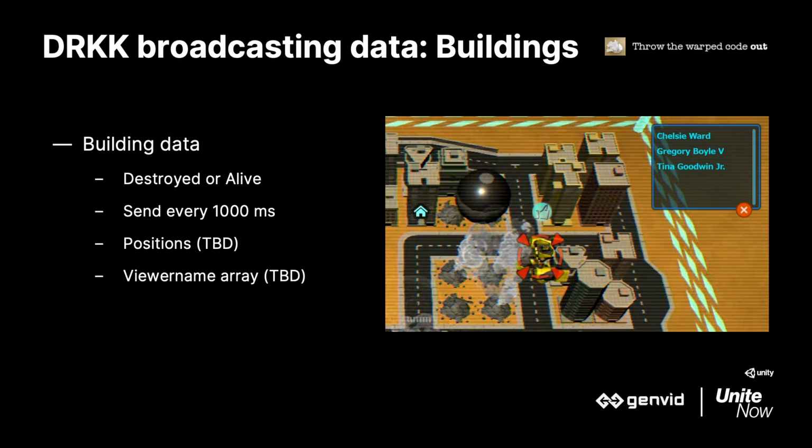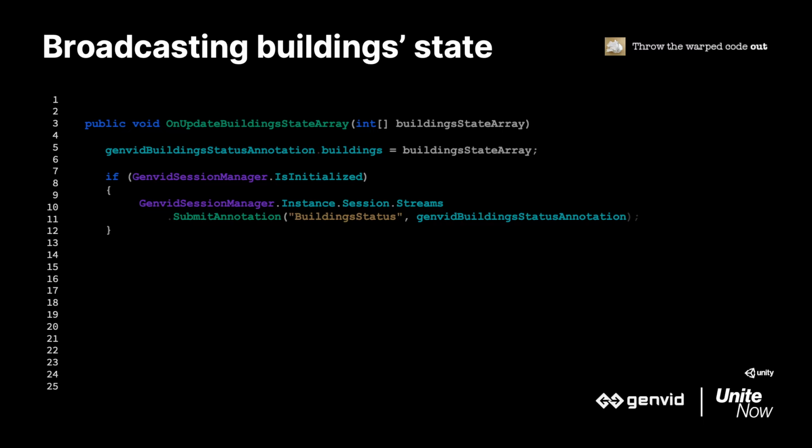These will be implemented in the future. Calling the method OnUpdateBuildingStateArray is limited to once per second, so I sent annotation directly using the method SubmitAnnotation via the Genvid Session Manager instance. The building state array argument is an array where an element is 1 when the building is there, 0 when it is destroyed.